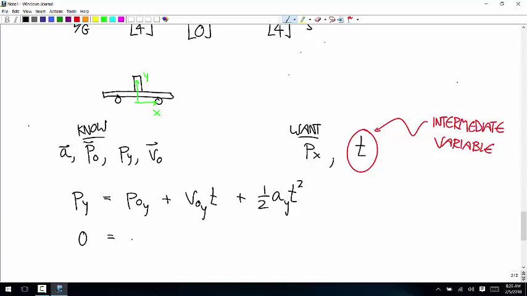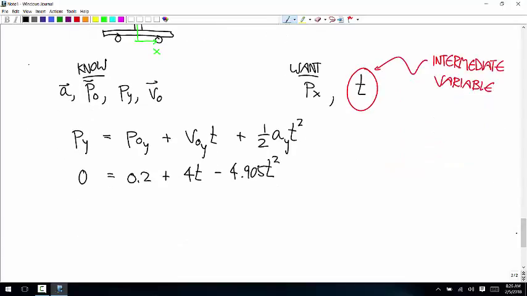So 0 is equal to 0.2 plus 4t minus 4.905 t squared. Quadratic formula says, so we get a negative answer, and we get 0.863 seconds.